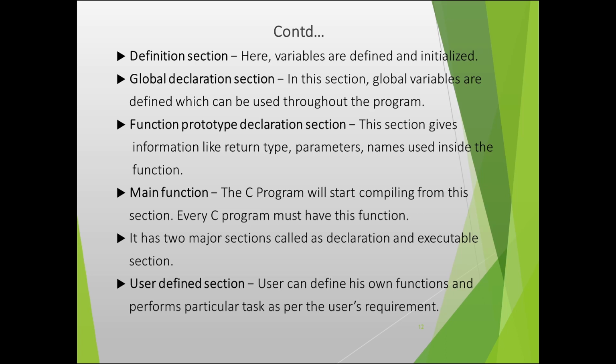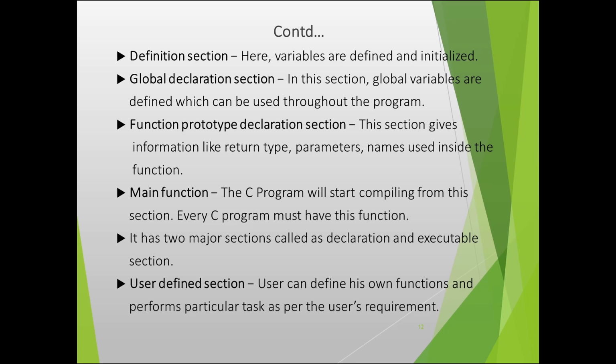And the main function section. Every C program must have only one main function. It controls all the activities of the rest of the functions or user defined functions. Here we have two different parts included in the main function. The first one is the local variable declaration part, and the second one is the executable part.